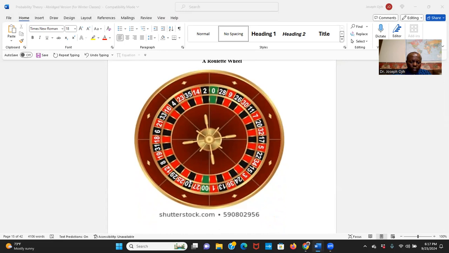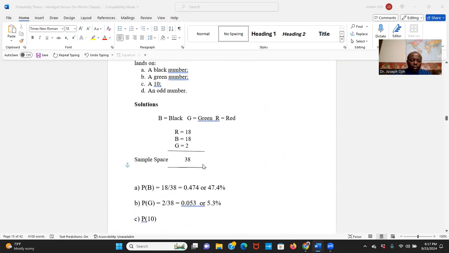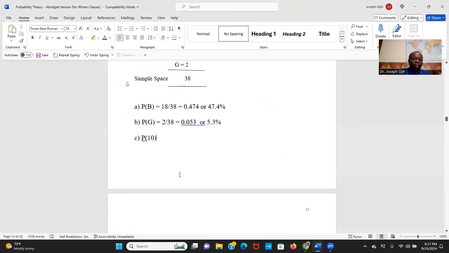There's only one 10, only one of them. So the probability that it falls on the slot that has 10 on it will be 1 out of 38 slots.